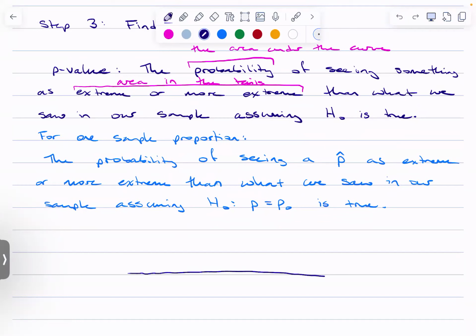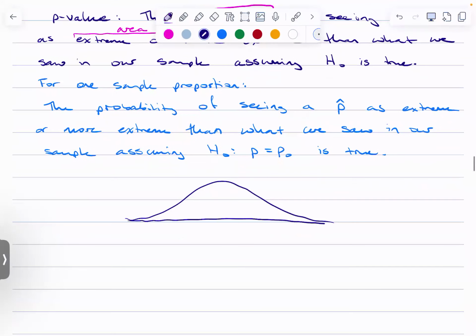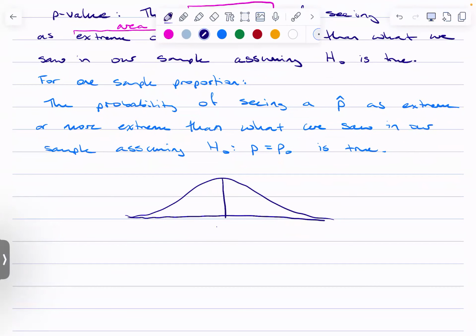So instead of trying to communicate to your boss that if I assume that P is equal to P naught, which is some number that I want to compare my sample to, and I saw a P hat up here, instead of trying to say, oh yeah, it's 3 standard errors away, so pretty unlikely, possible but unlikely, and maybe I should move this little guy out here, more into the tail.